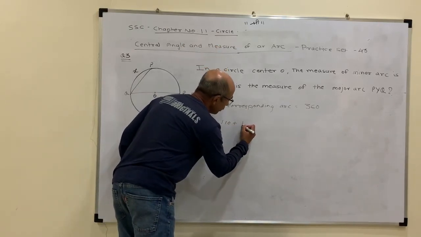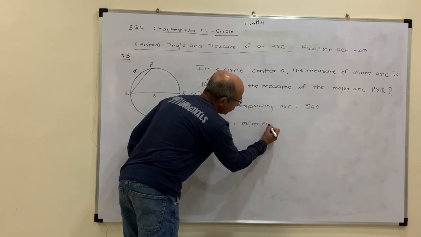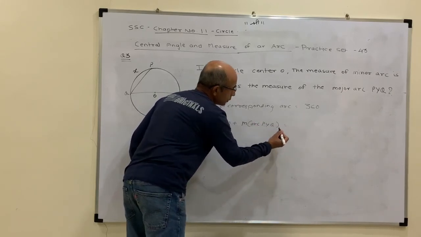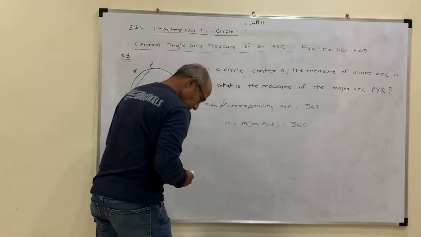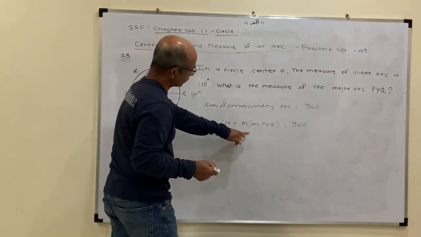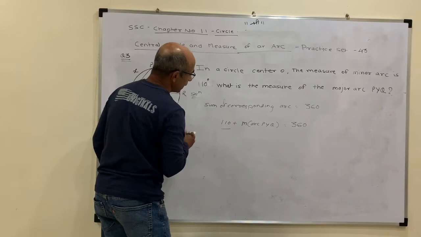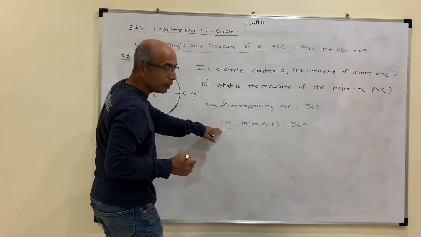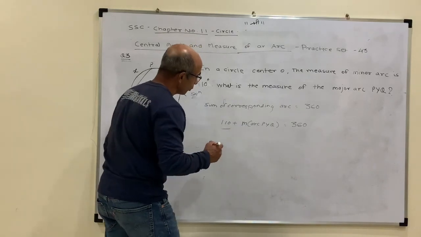Next, PYQ we need to find out. So measure of arc PYQ plus 110 equals 360. To find the value, I'll get rid of 110. Since 110 is added on the left-hand side, I'll subtract it from both sides.